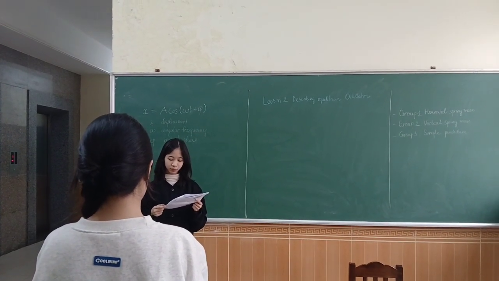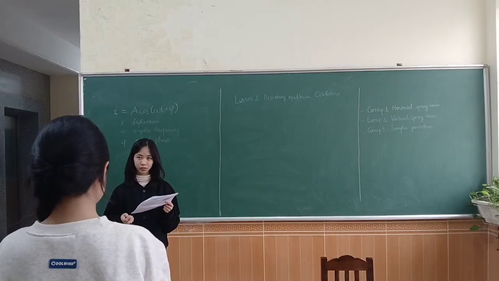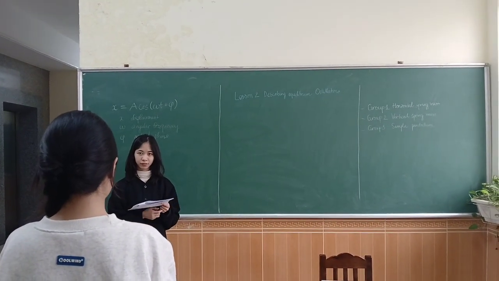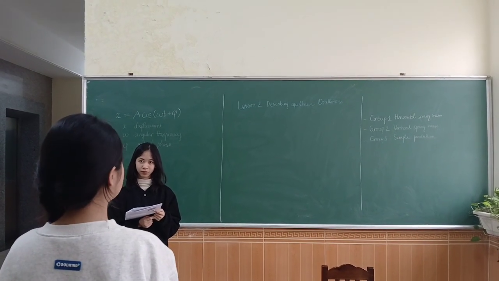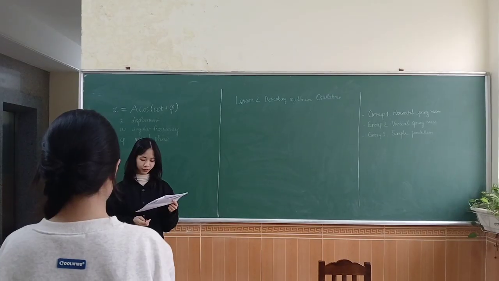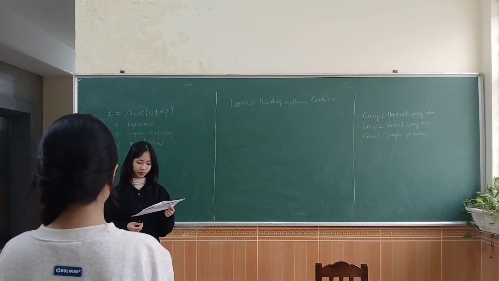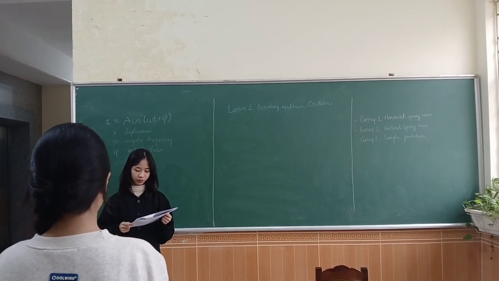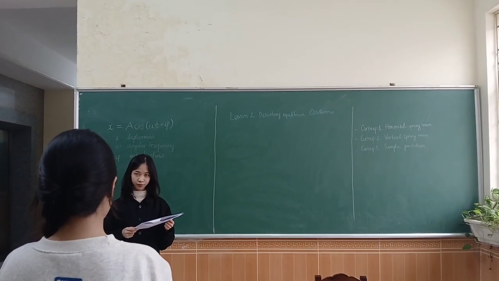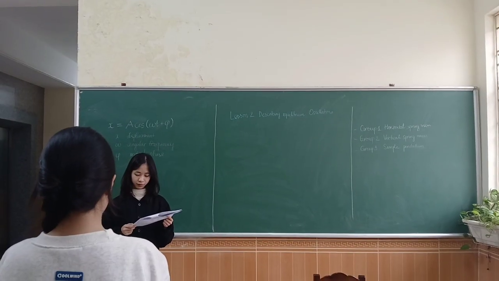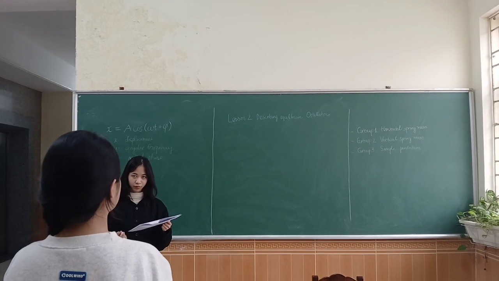Then based on the sample graph, I determined the amplitude of the horizontal spring pendulum to be 5 centimeters, and from there I derive the definition: the amplitude is the maximum displacement of the object from the equilibrium position, and compared with the graph, it is the maximum value of displacement x, denoted by A.